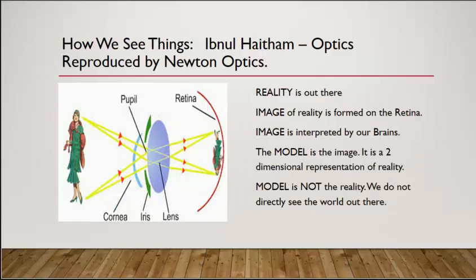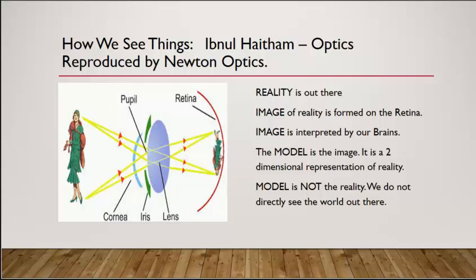An important and useful illustration of the difference between models and reality is the process by which we see things, which was discovered by Ibn al-Haytham, optics, and Newton basically wrote a book on optics, which is more or less a copy of what Ibn al-Haytham did. No significant new discoveries by Newton in this area.